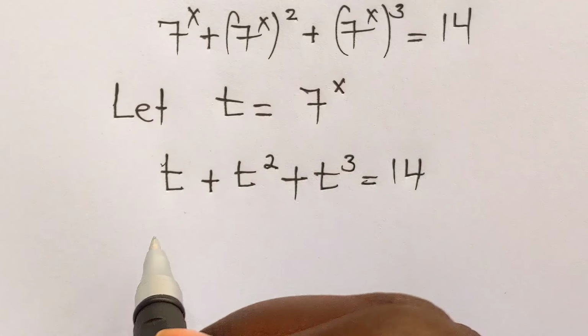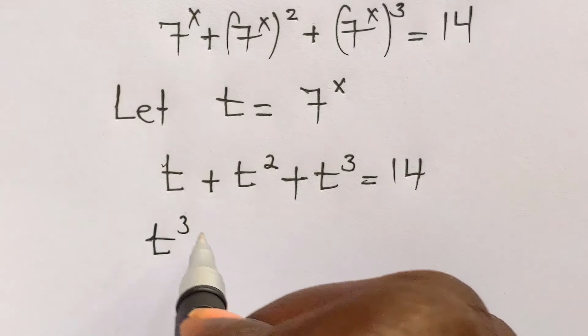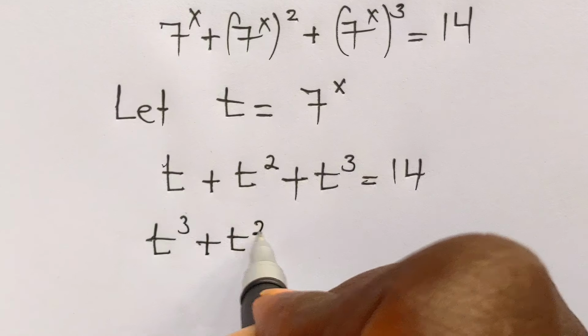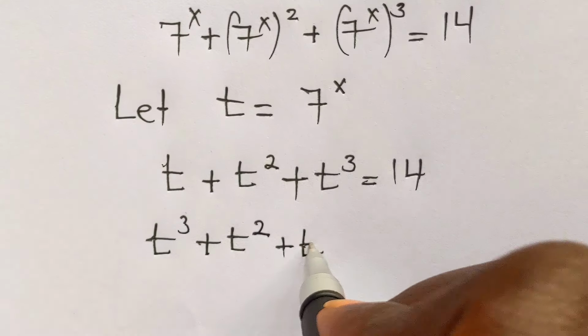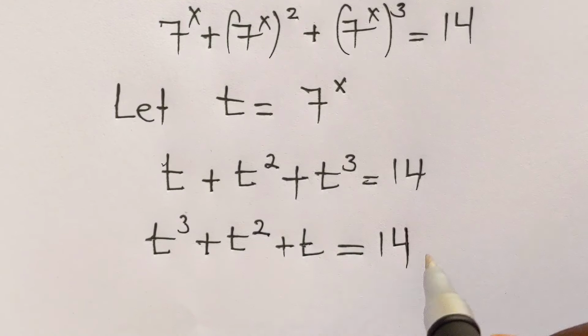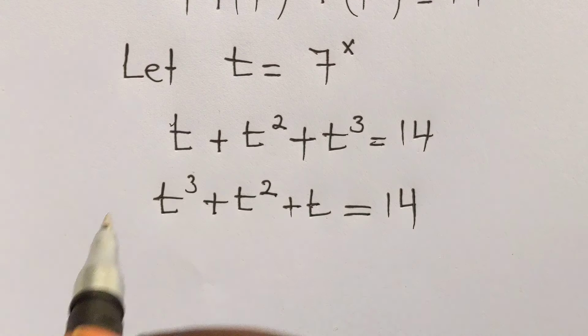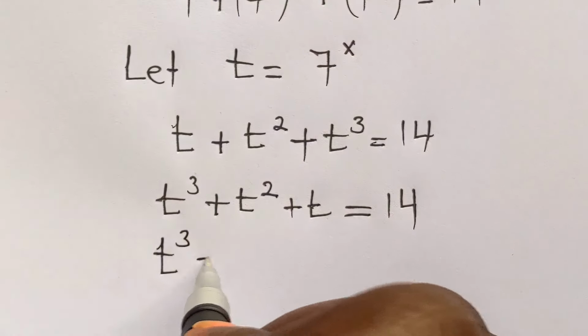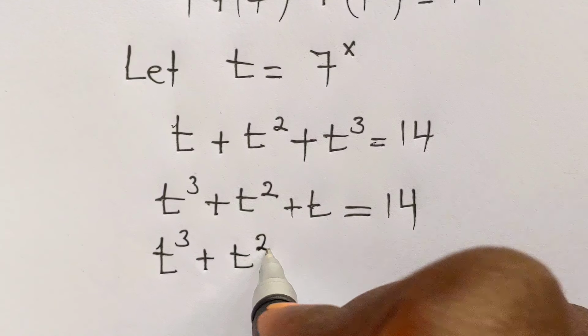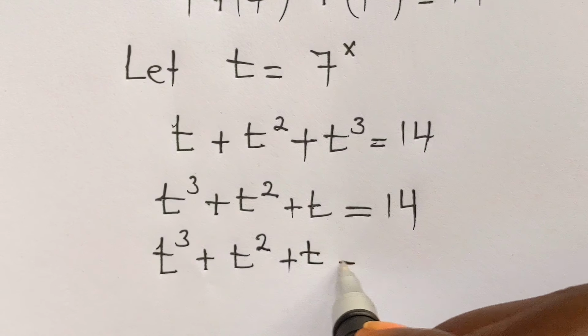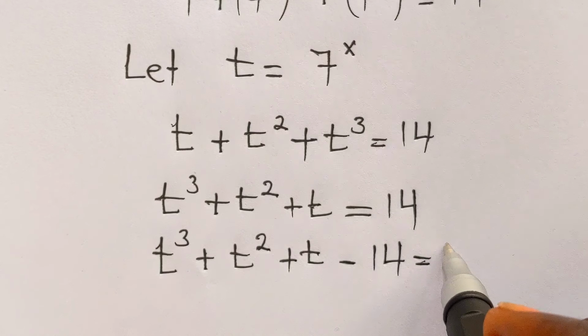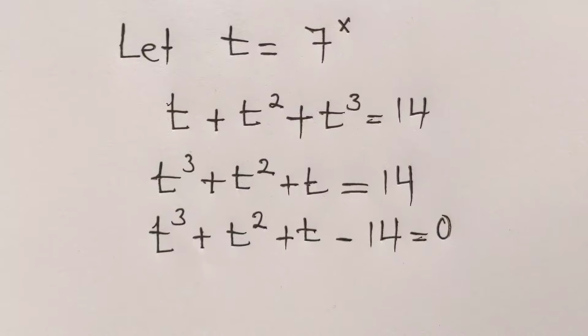By rearranging, we shall say t power 3 plus t squared plus t equals 14. Okay, and here t power 3 plus t squared plus t minus 14 is equal to 0.